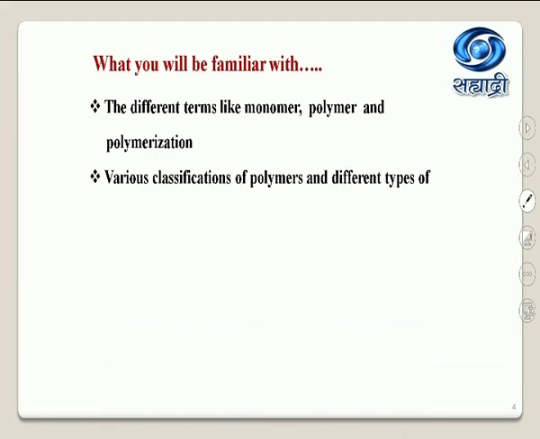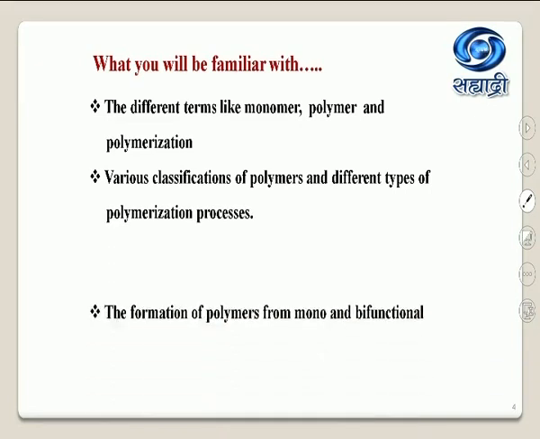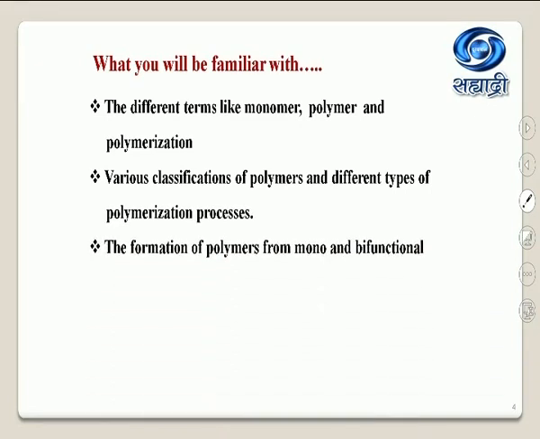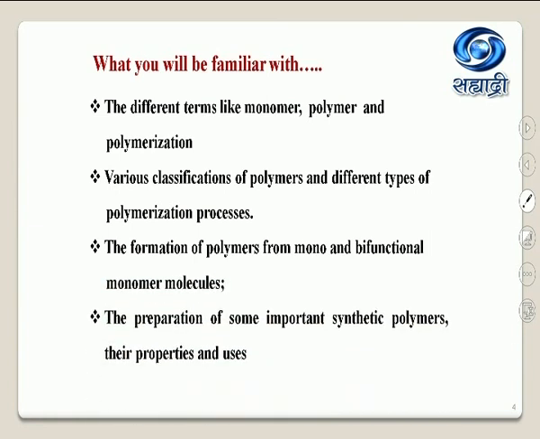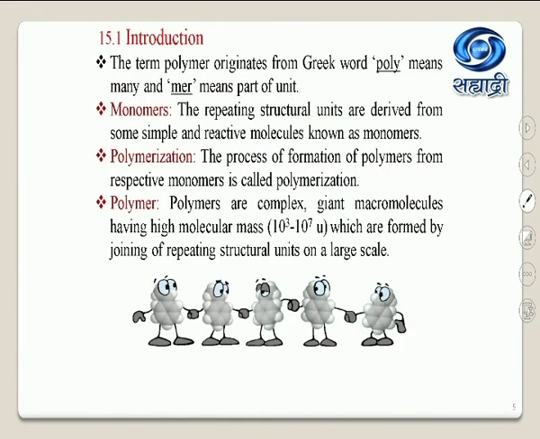Also you will study various classifications of polymers and different types of formation of polymers from mono and bifunctional monomer molecules. Also you will study the preparation of some important synthetic polymers and their properties and uses. Also you will study some biodegradable polymers.